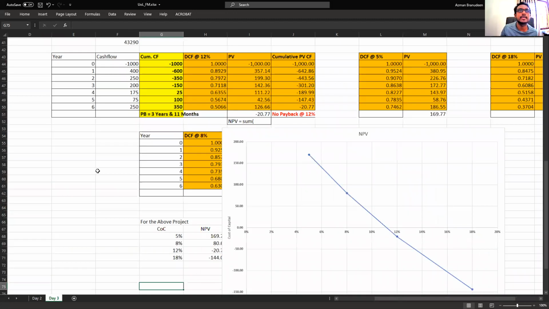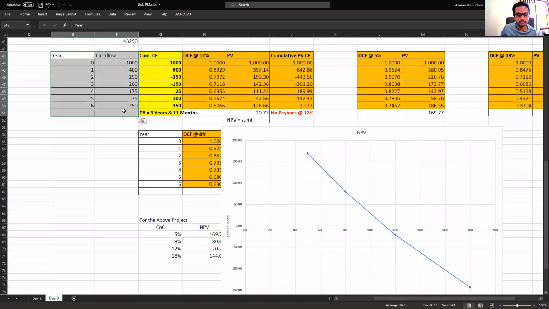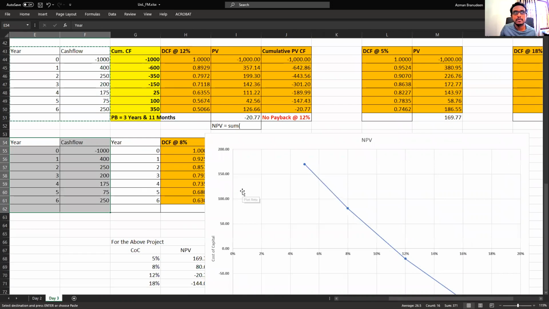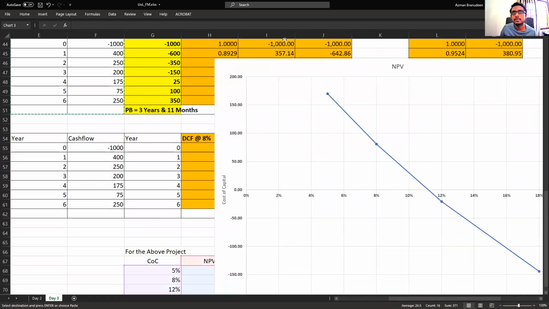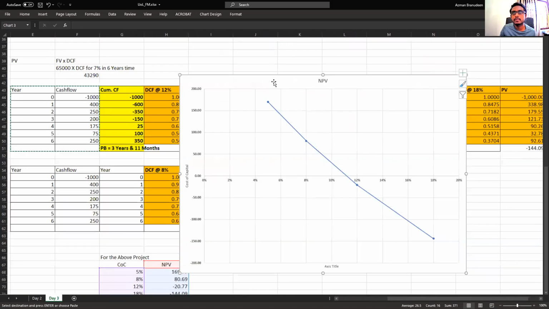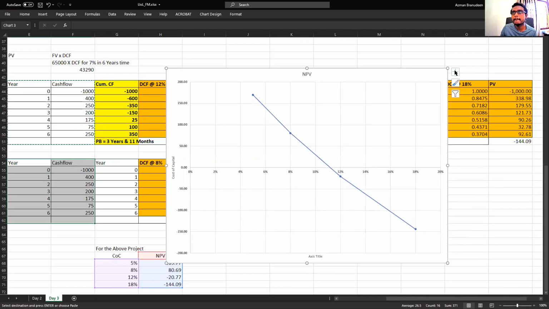Okay, so let me get the cash flows also here. So can't you say that your project loses value as inflation increases? The real value of your cash flows reduce, yes. So you have the NPV figures also now.